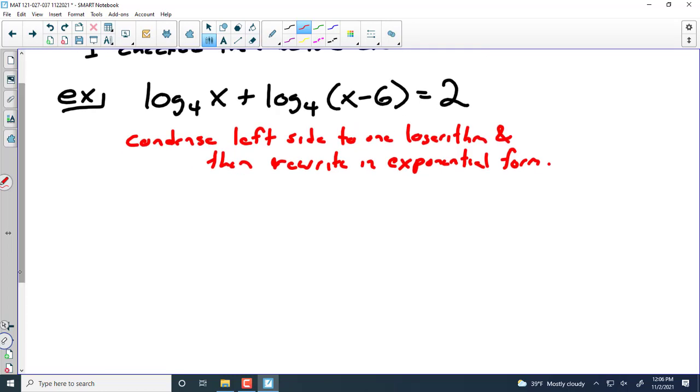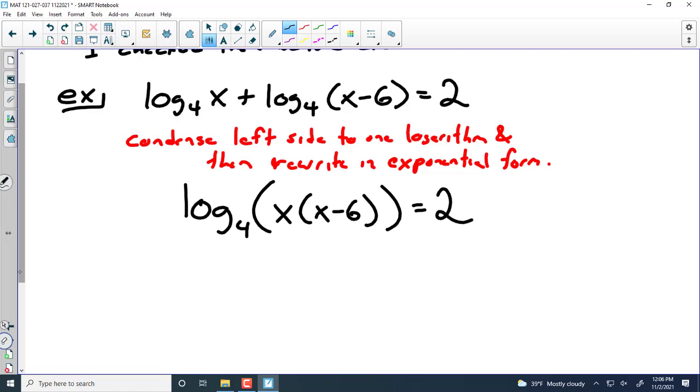We condense the left side into a single logarithm. Then we rewrite in exponential form.